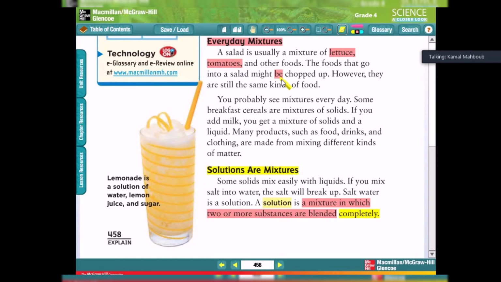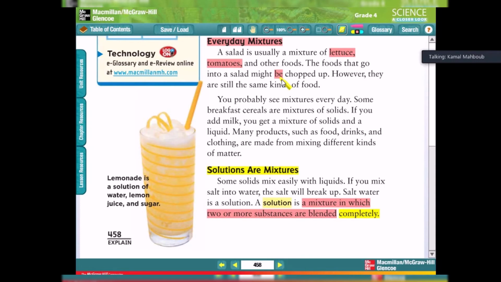Now, the solution is a mixture, but it's another kind of mixture. But the difference between mixture and solution is that solution particles blend completely, spread out evenly, completely. You can't see it, but you can test it. You can test it. It means it's still there.